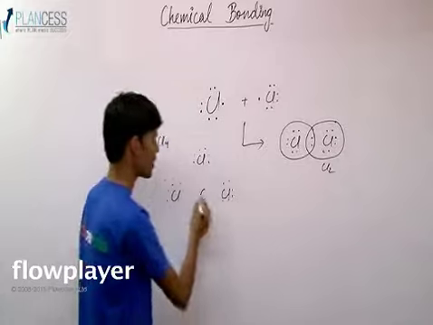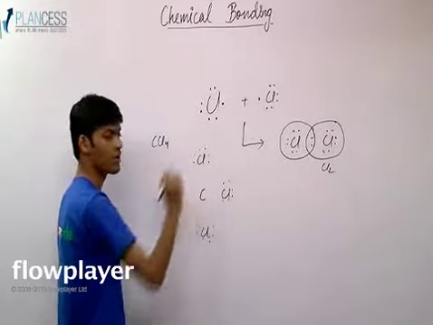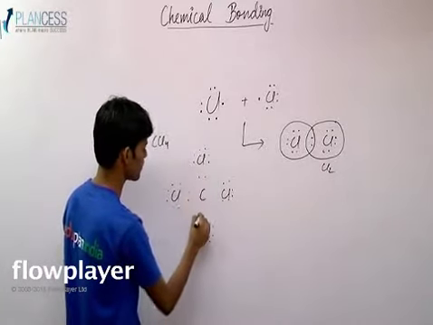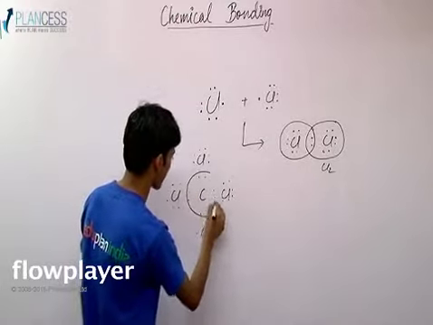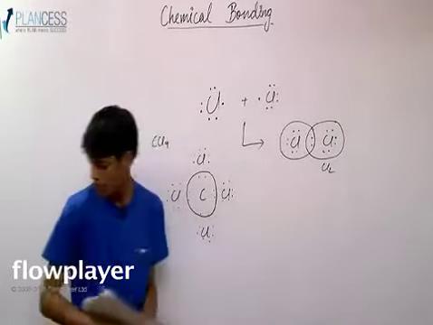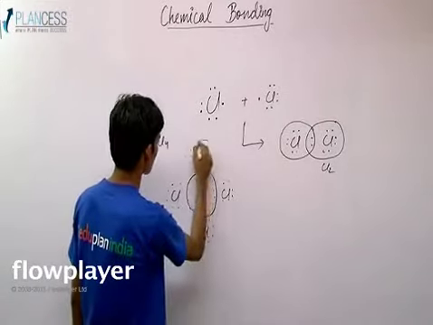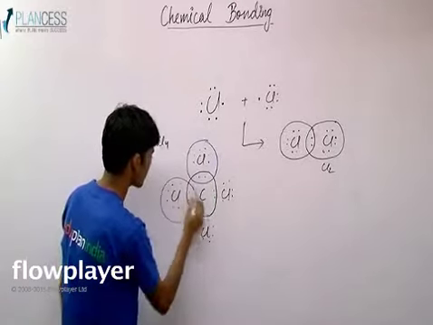something like this. Now carbon has 4 valence electrons, so it shares each one of its electrons with each of the chlorine atoms. So 2 are here, 2 are here, 2 are here, 2 are here. So I draw this ring which will show the octet completion of the carbon, and this ring I will draw to show the octet completion of the chlorine.